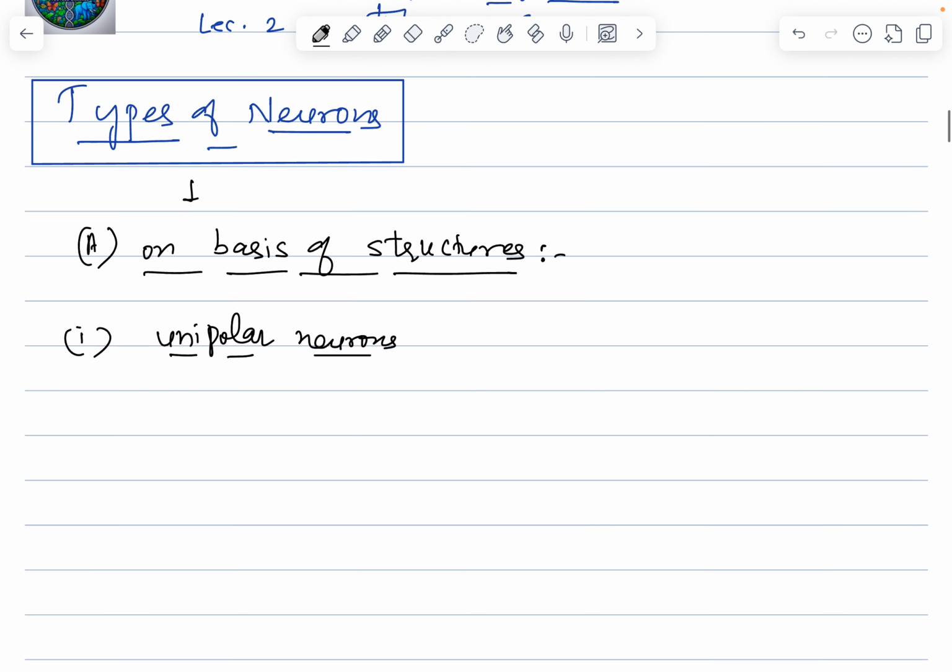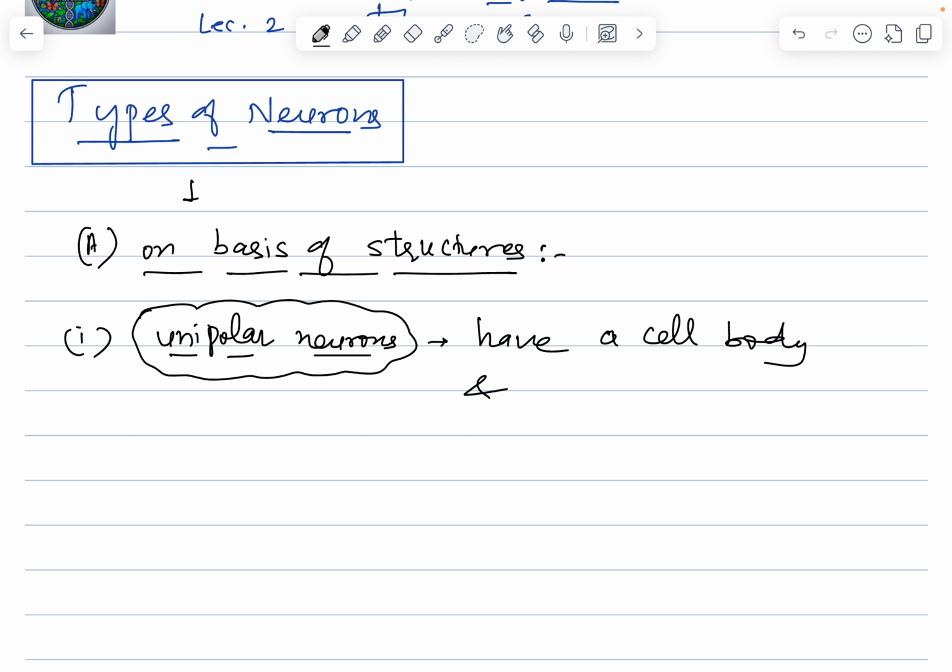So when I'm talking about unipolar neurons, these are the neurons that actually contain a cell body, that is a cyton, and a single process. When you talk about the process, what exactly does that mean in case of a neuron? Projection.